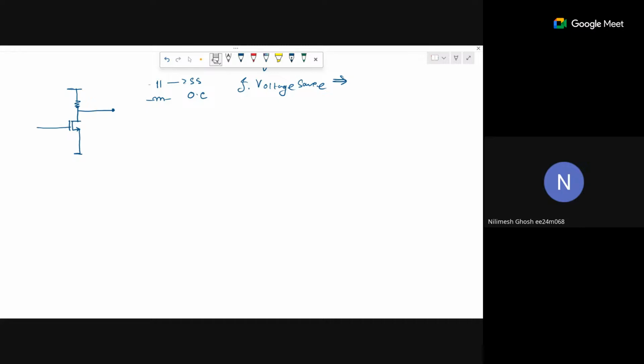If there is an independent voltage source, what will it act as? In the small signal picture, all the independent sources will be replaced by their internal impedances. If an independent voltage source is given, what is the internal impedance of an independent voltage source?